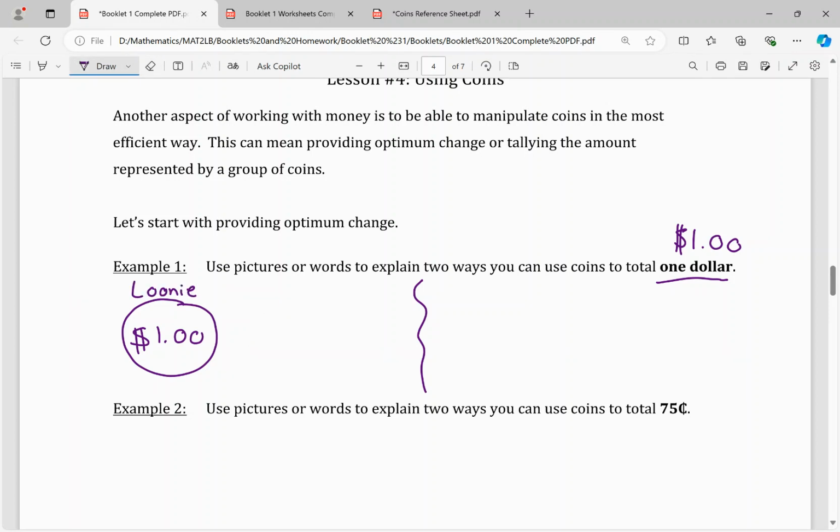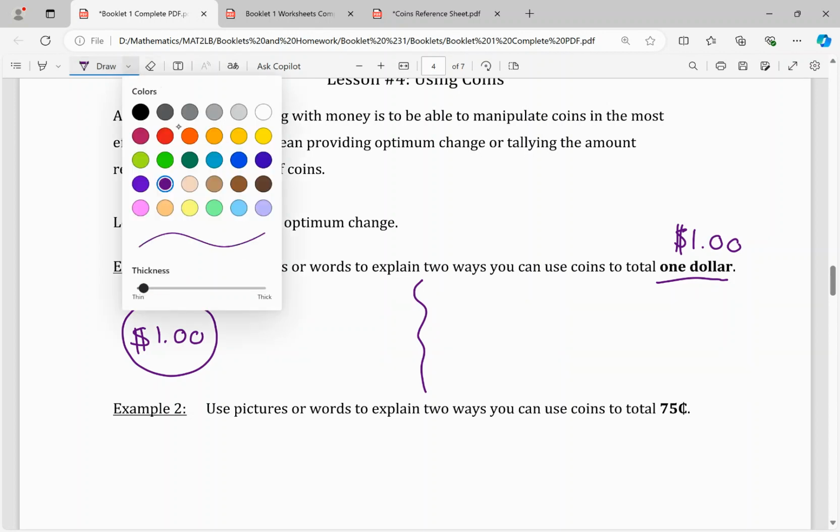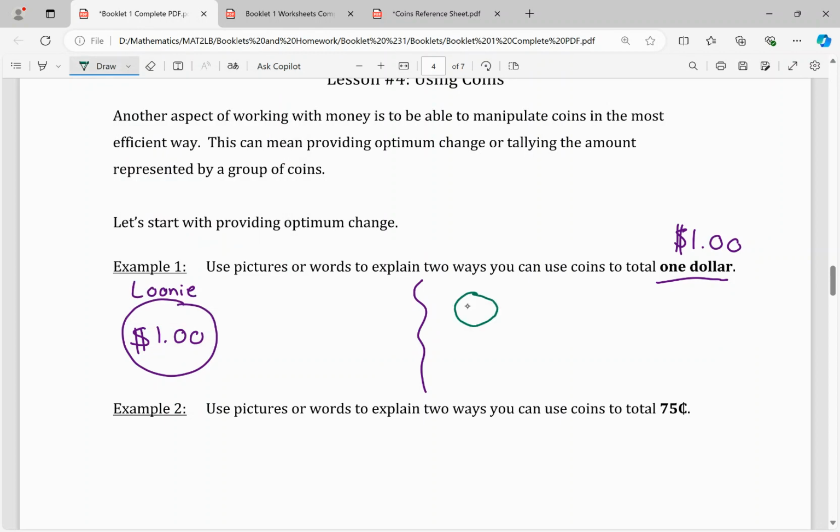Now, a second way that we can make $1 is perhaps using the next smallest coin, which is quarters. Now, a quarter is worth 25 cents, right? So if I have 1 quarter, I have 25 cents, which obviously isn't enough. 2 quarters is going to give me 50 cents, right?